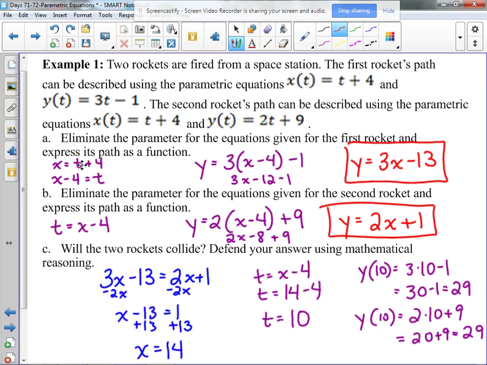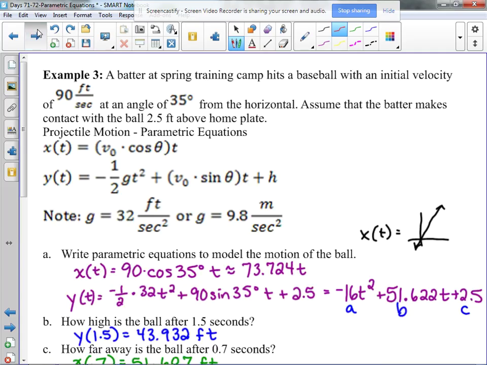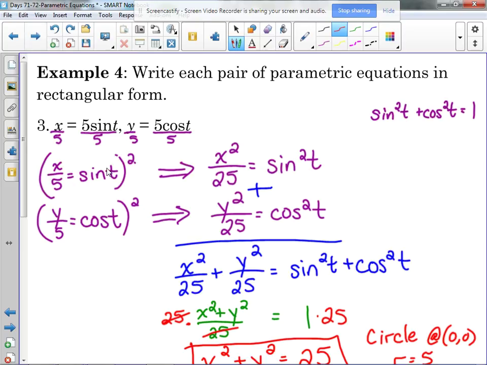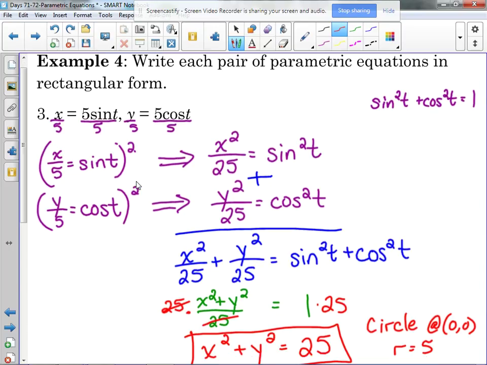We solved one of them for t and substituted it into the other function. We did not do that with these, because to solve one of these for t, we would end up using inverse trig, and it would just get complicated. It's better to use this method here using your Pythagorean identities.